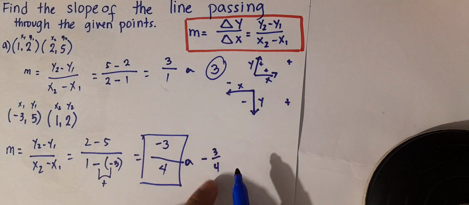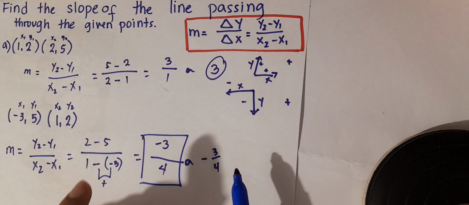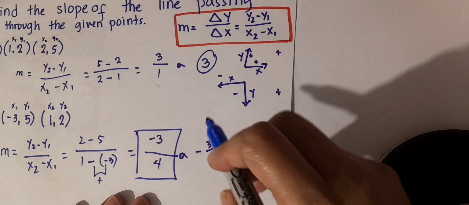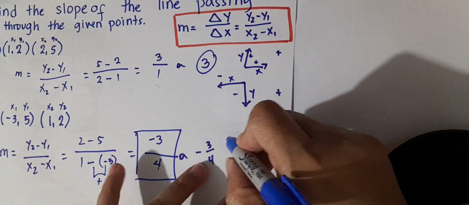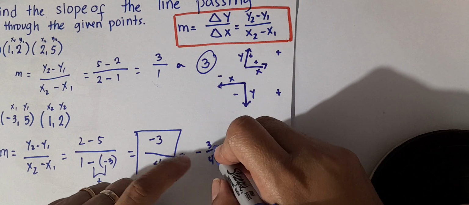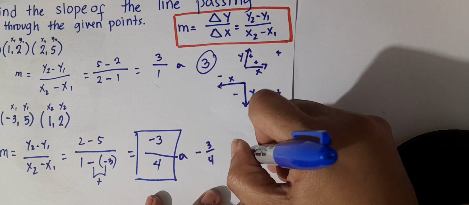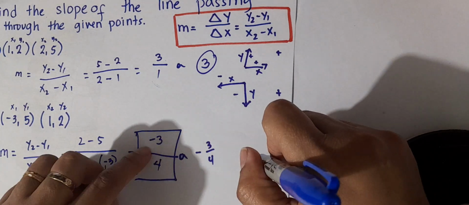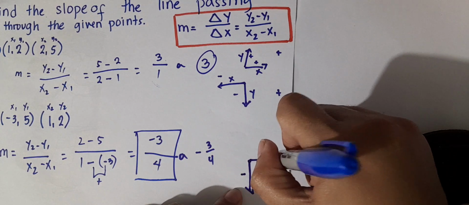So, if we are to use this as a way to get the equation or the graph of a line, it can be negative 3 over 4, or the negative can also pertain to the 4 there. So we can do it as going down, since the numerator is negative 3, going down is negative, and then going to the right is positive.